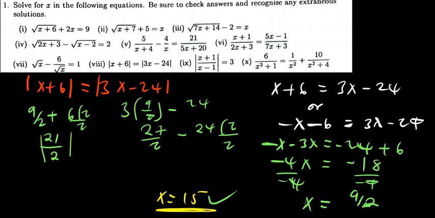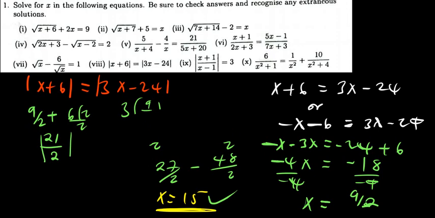Now you have got 27 divided by 2 minus 48 divided by 2. The denominators are the same, so you are going to subtract the numerators.